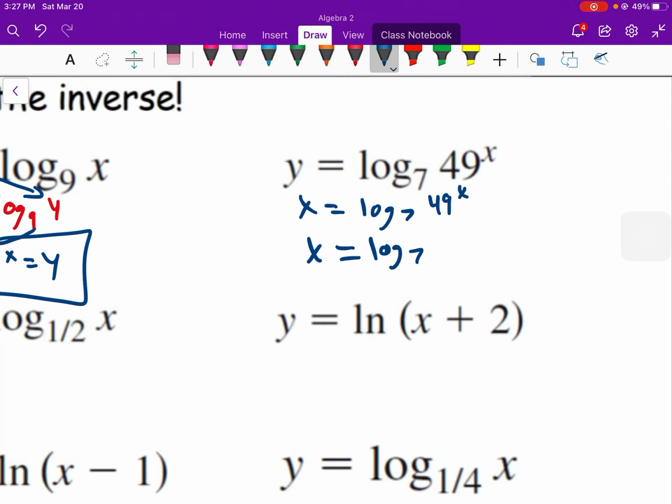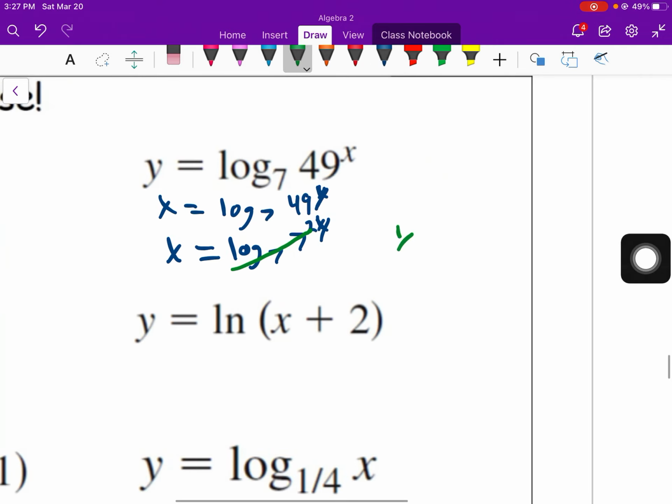So 49 is 7 squared. Oops, that's y now. So now we see that our bases are the same. Log base b of b, so these simplify. Therefore, x equals 2y.